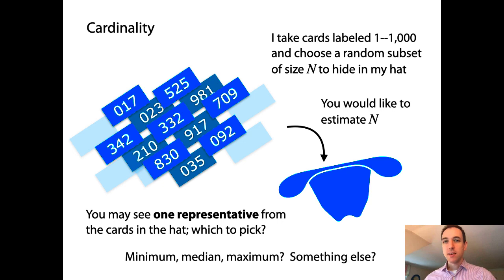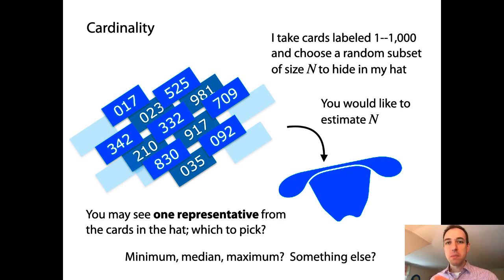You can say, show me the median of all the cards in your hat, or show me the minimum of all the cards in your hat. Will this help us estimate how many cards are in the hat? It seems like not a lot of information to only get one value from among the cards in the hat. But let's think about that a little bit.